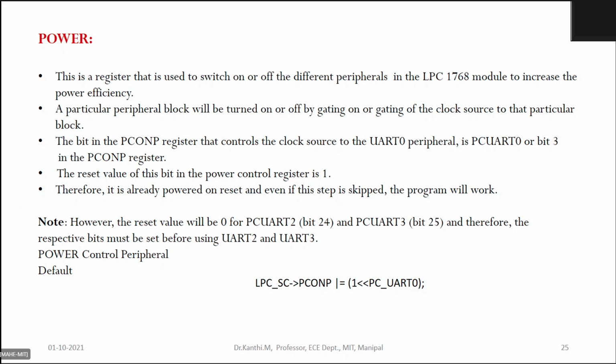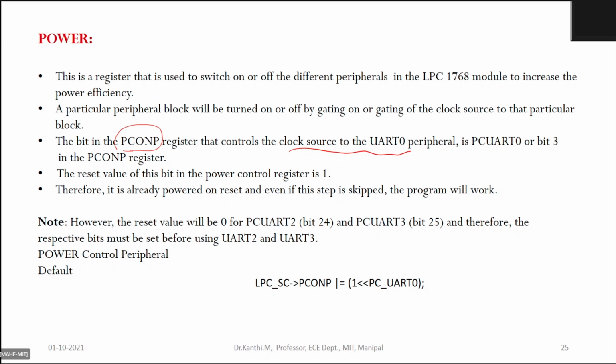So there is a power register which is used to switch on and off the different peripherals in the LPC 1768. So you can use this to increase the power efficiency. There is a power control register, which controls the clock source to the UART0.